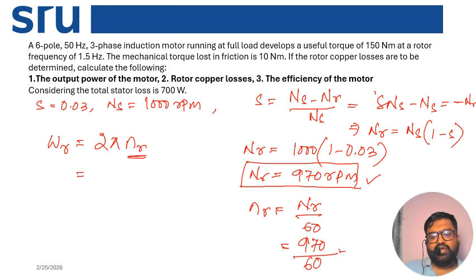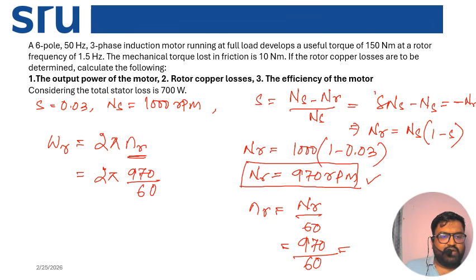Keep it as it is and multiply by 2 pi, that is 2 pi into 970 by 60. It will come around 101.578 radian per second.